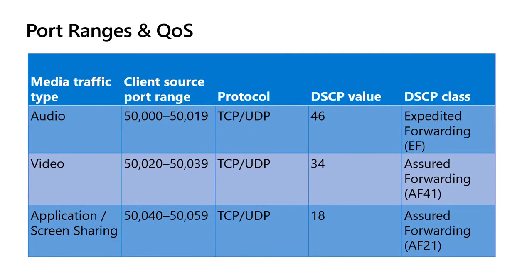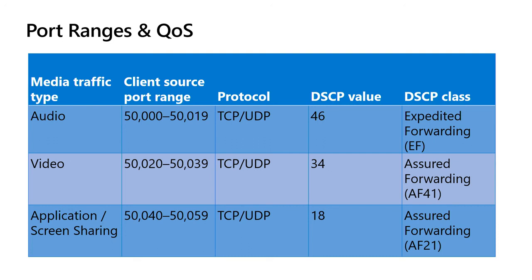So if we want to tag for QoS, we have to use those values. And Microsoft says you cannot change the values. I'm not really sure what the reason behind that is, because in my opinion, you can change it. But if you look at QoS, we would use DSCP 46 for audio, 34 for video, and 18 for application sharing.